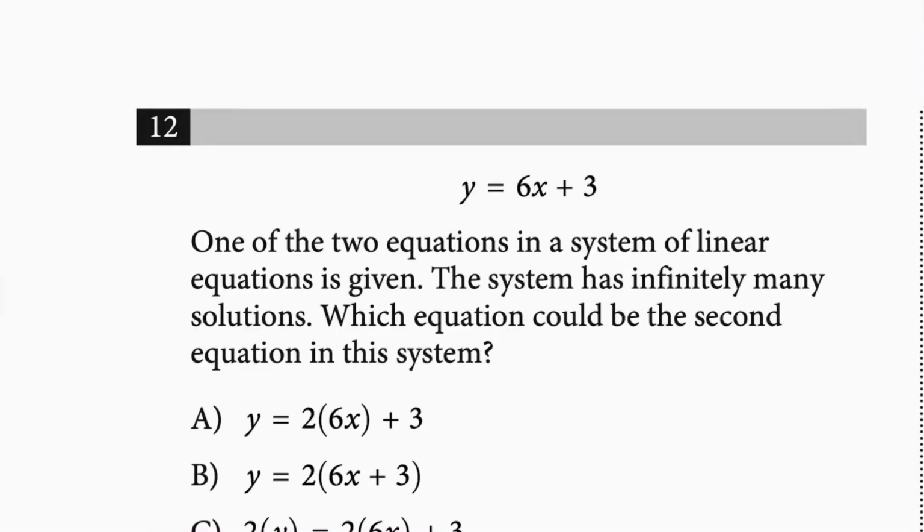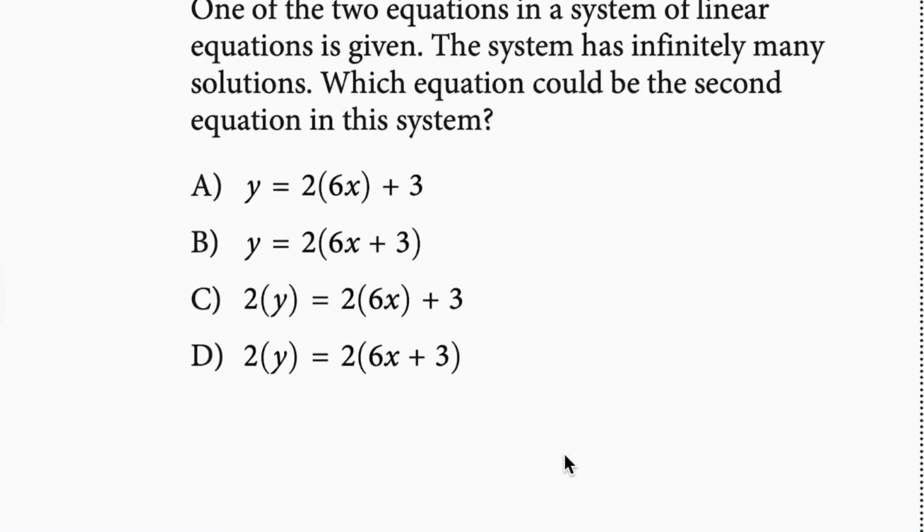Question number 12. y is equal to 6x plus 3. One of the two equations in a system of linear equations is given. The system has infinitely many solutions. Which equation could be the second equation in this system?